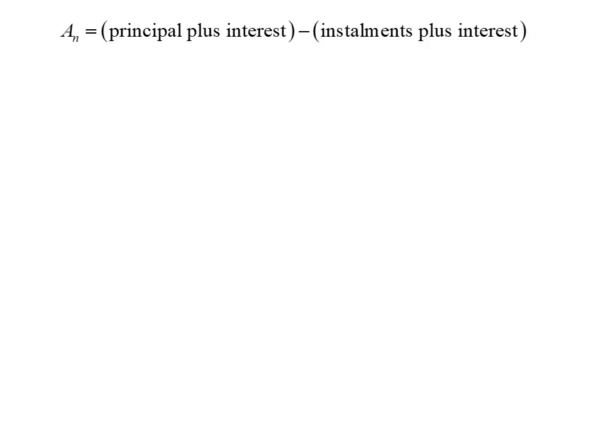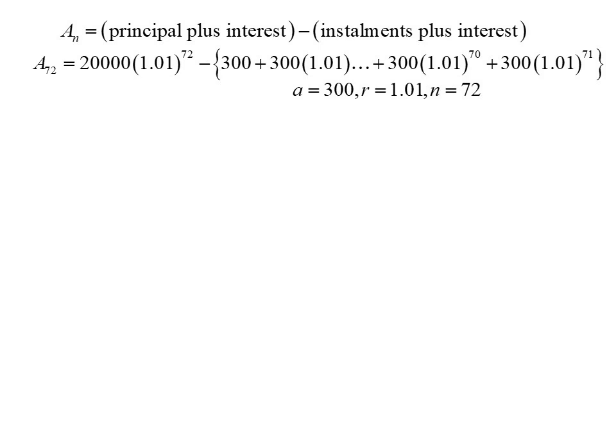So for our one, though, it's not paid out yet. It's going to be the principal plus the interest minus the instalments plus the interest. So the initial loan that I took out, compounded in there for 72 months, minus all of those investments that I made by giving the bank $300. Well, the one that I made is a geometric series. So first term 300, ratio 1.01, number of terms in there is 72.